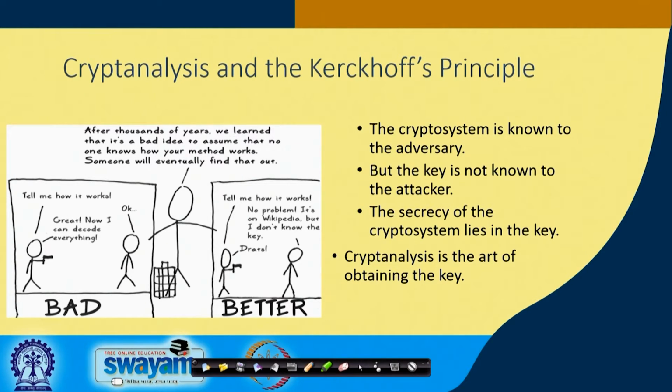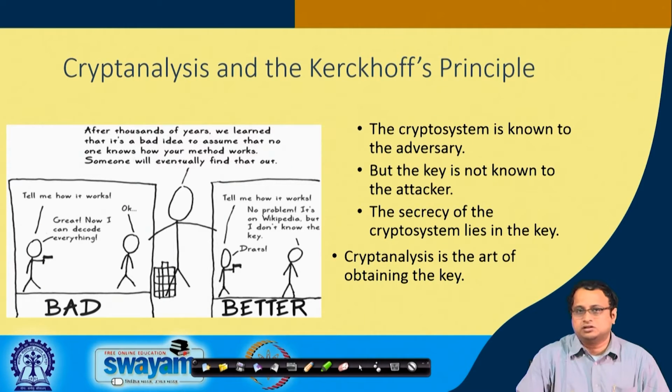So, a better approach is to rely on something called a key. The attacker does not know the key, and therefore the security should rely on the key, so even if you get hold of the encryption algorithm, the security is not compromised.